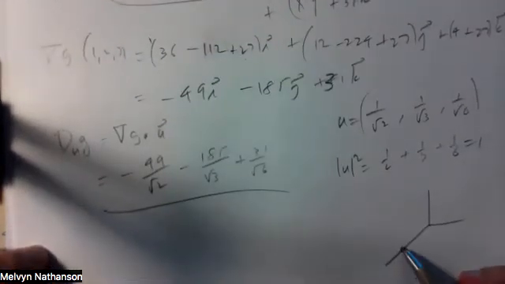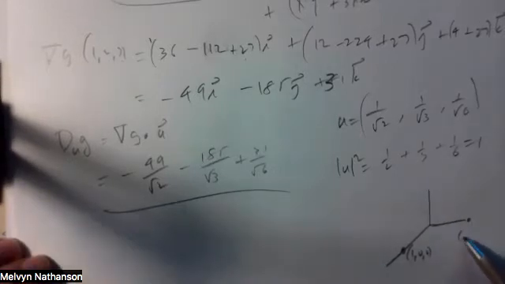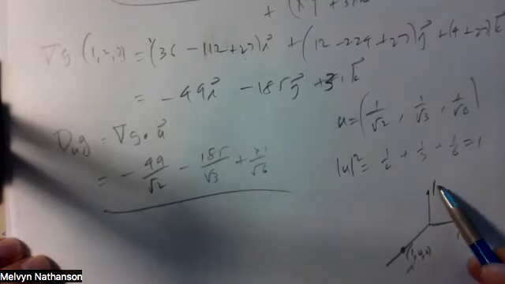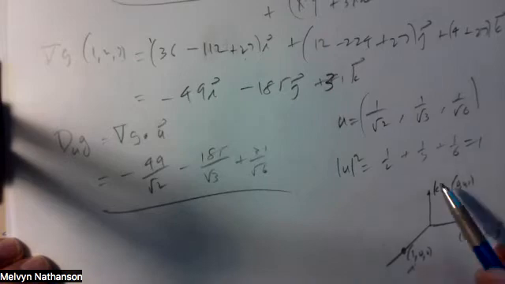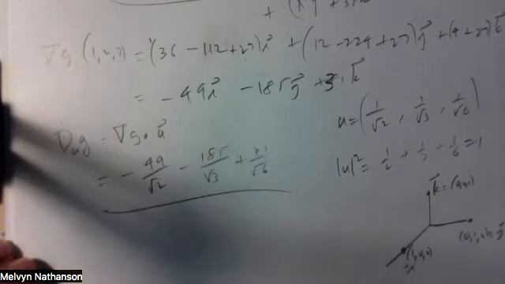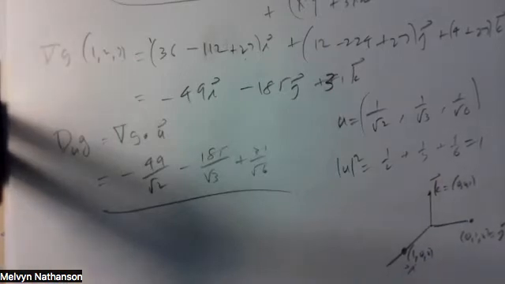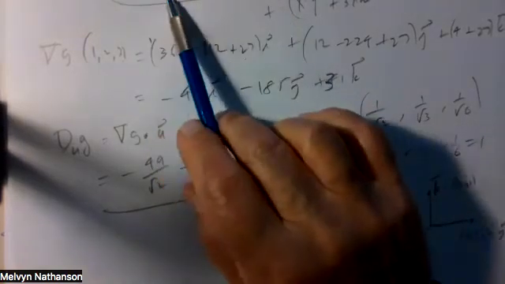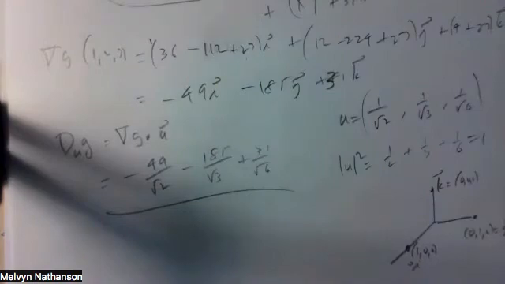Where do you get i? The vector i is the vector 1, 0, 0. j is the vector 0, 1, 0. k is the vector 0, 0, 1. These are the standard unit vectors in three-dimensional space. This is just a number. This is the component of this vector in the x direction.